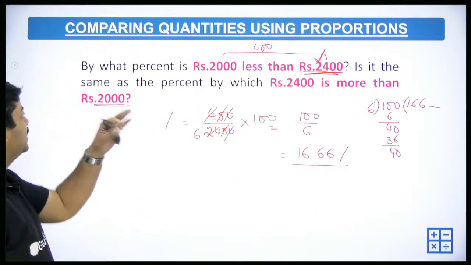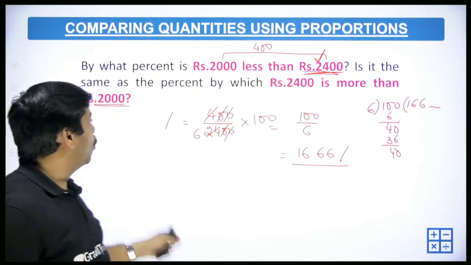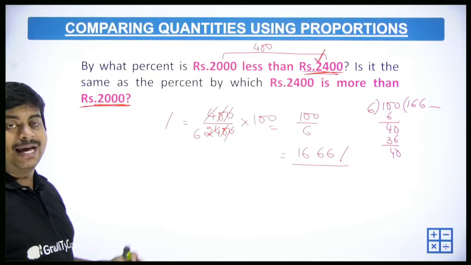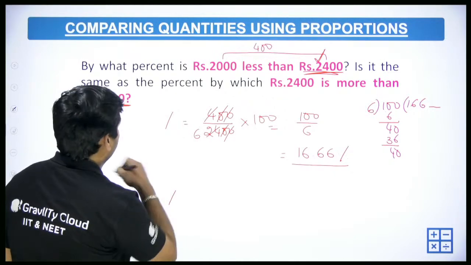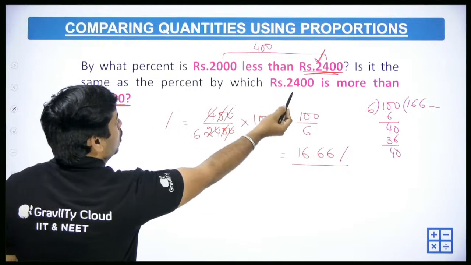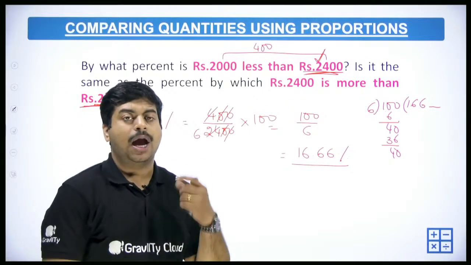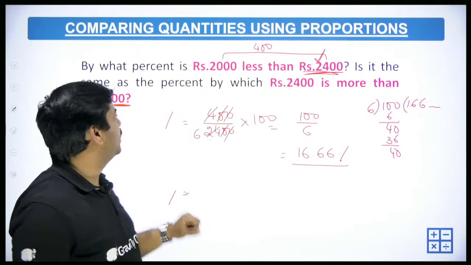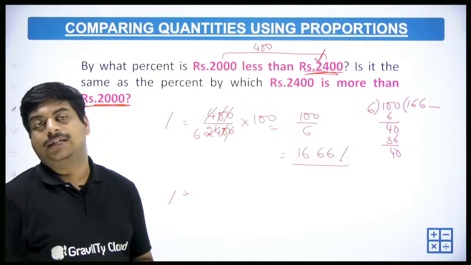Now, is it the same as the percentage by which 2400 is more than rupees 2000? So rupees 2000 is the main comparing quantity, right? Now 2400 is more than 2000 by how much? You can easily see there is a difference of 400.